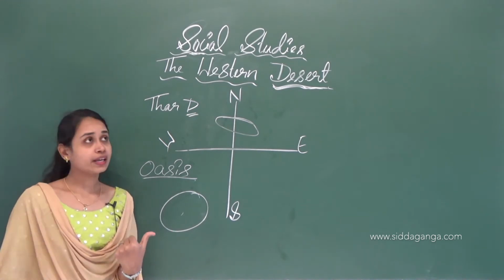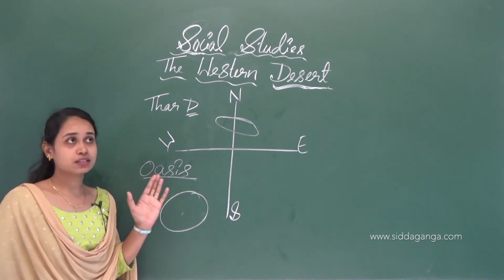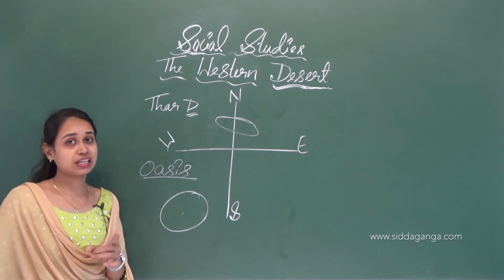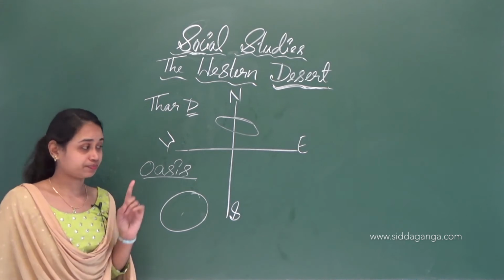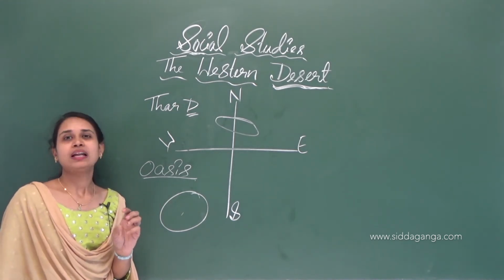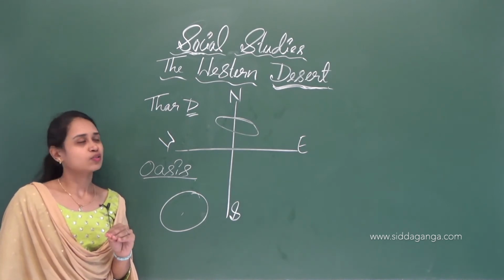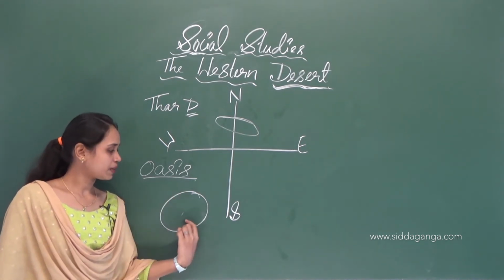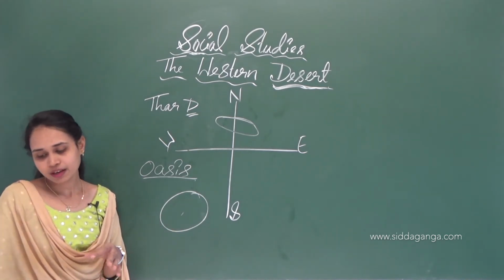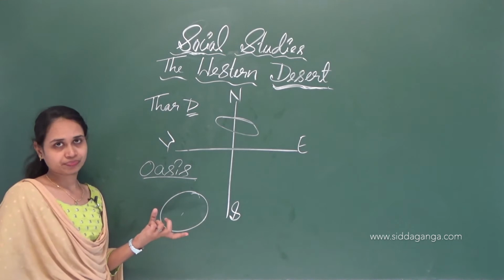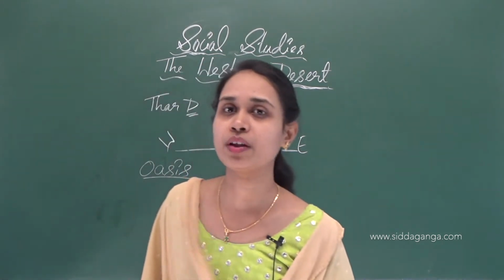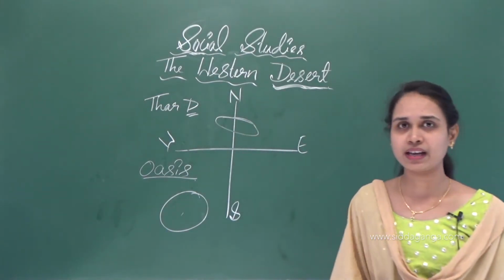In the oasis places we can see date palms. Date palms need little water, so in an oasis we can see date palms growing around it. If water is there at an oasis, it means the soil is fertile, isn't it?